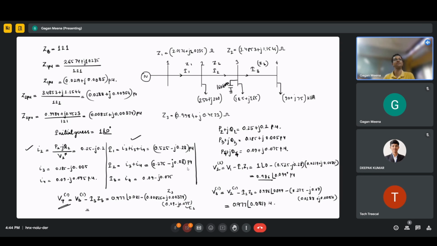We can compare the same by removing the capacitor. So let us first calculate this voltage and then losses, and then we will do the same question after removing the capacitor.